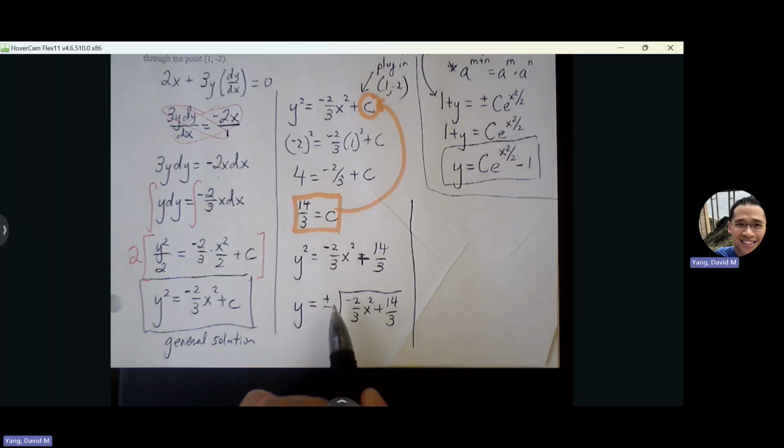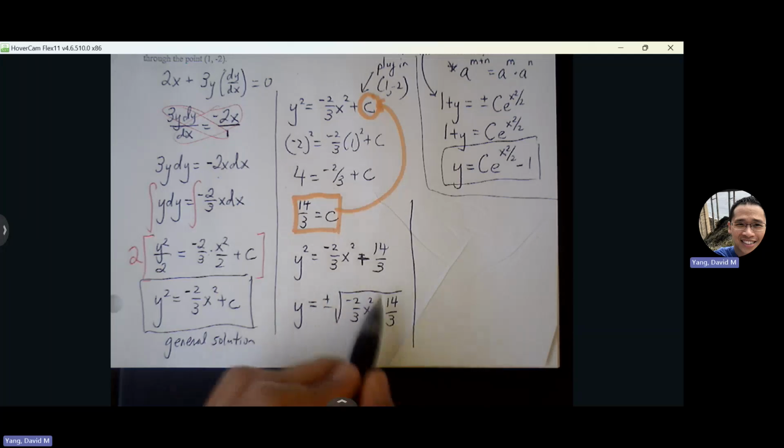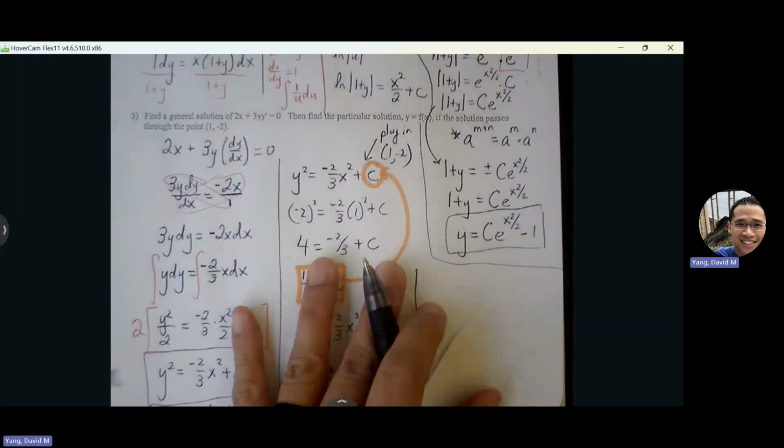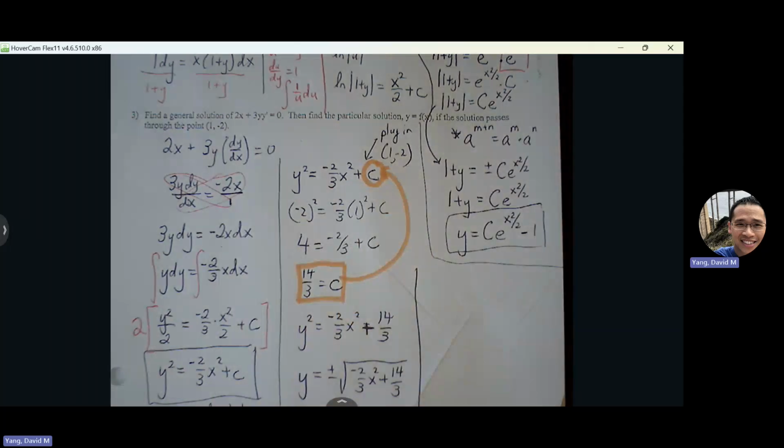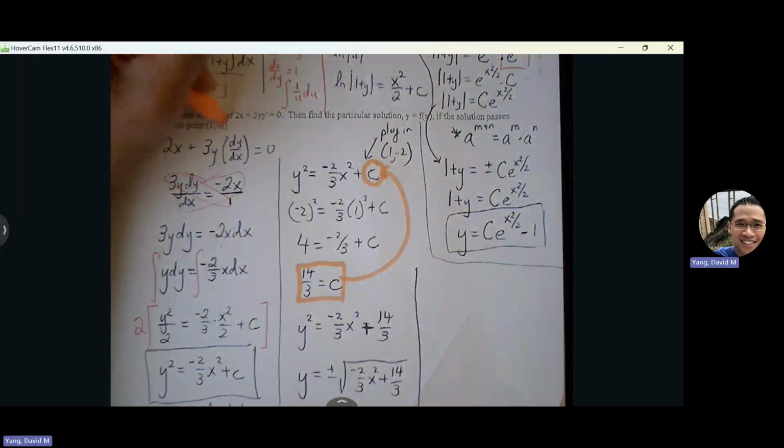Now, technically, these are two separate functions, right? The plus or minus are going to be basically overlapping each other. These are two separate functions, which means that we only want to choose the solution that is passing through that point. The easy way to tell is you look at the Y value.